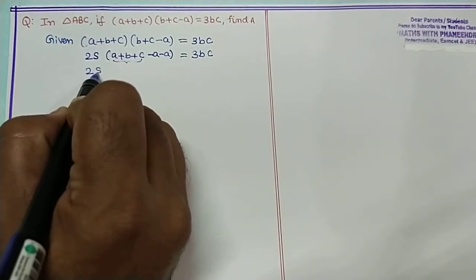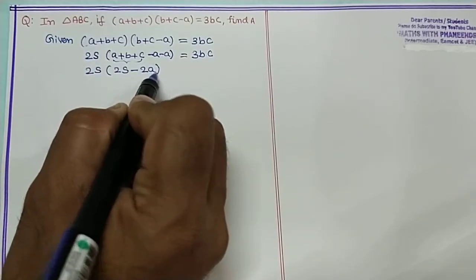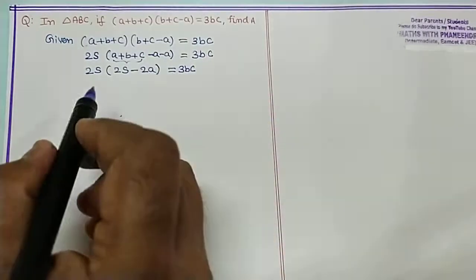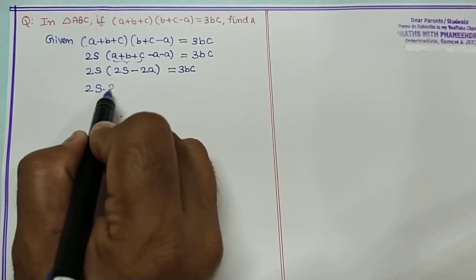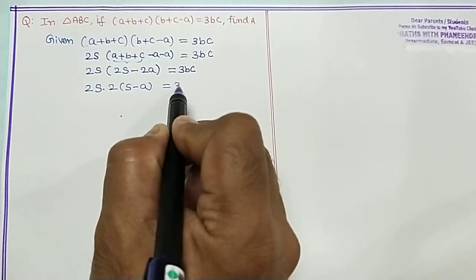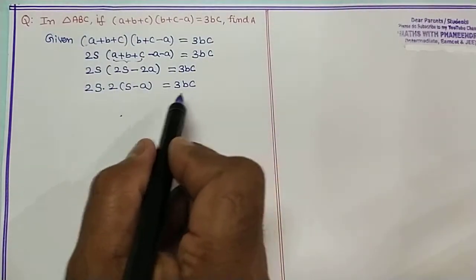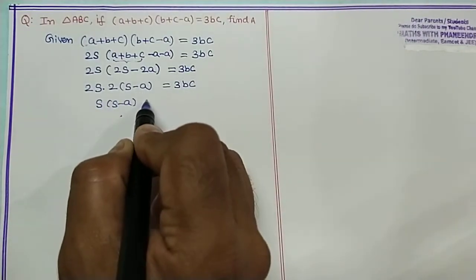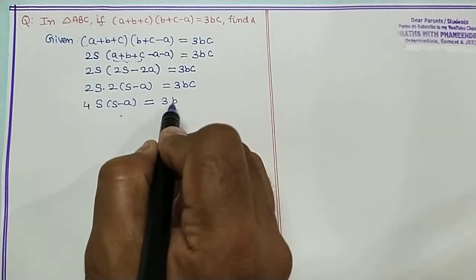So 2S into (2S minus 2A)... minus A minus A, equal to 3BC. After that, from here also 2 take common: 2S into 2 (S minus A) equal to 3BC. So 2 into 2 is 4, we can take this side, and BC we can take this side. So S into S minus A is equal to, 2 twos are 4, 3BC.